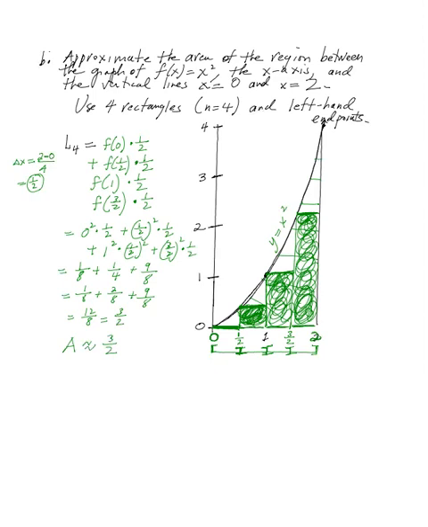So in the previous example, using right-hand endpoints, the area was approximately 15/4. That was almost 4. That's an upper bound. A lower bound for the true area is 1.5. So the true area is somewhere between 1.5 and 15/4.